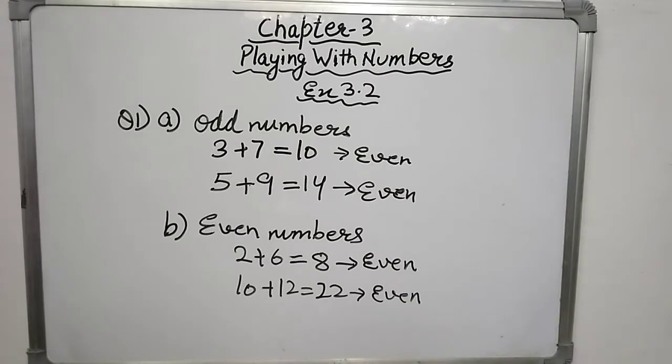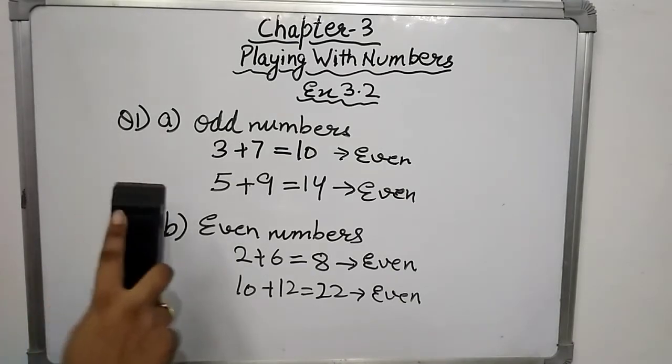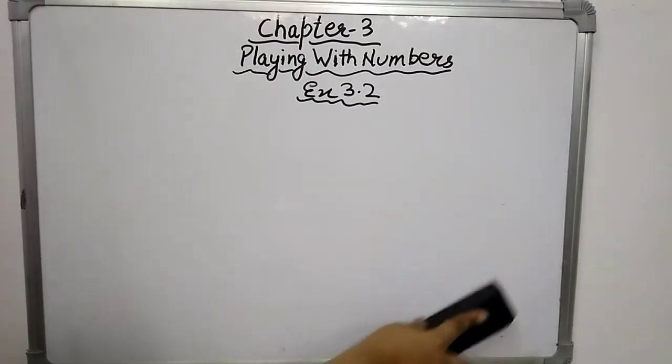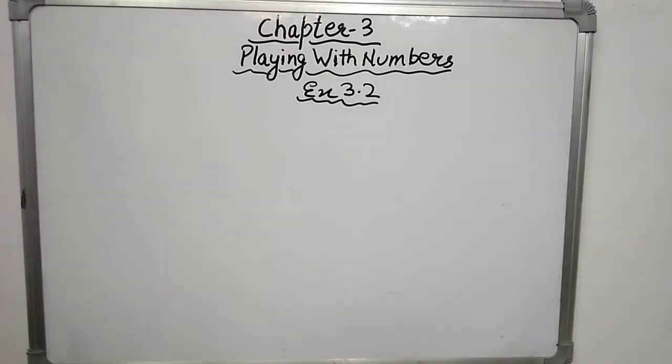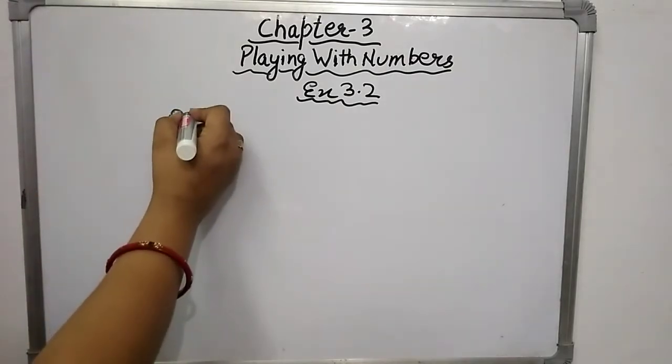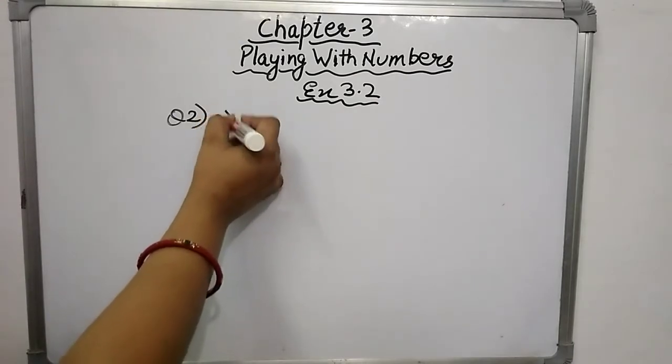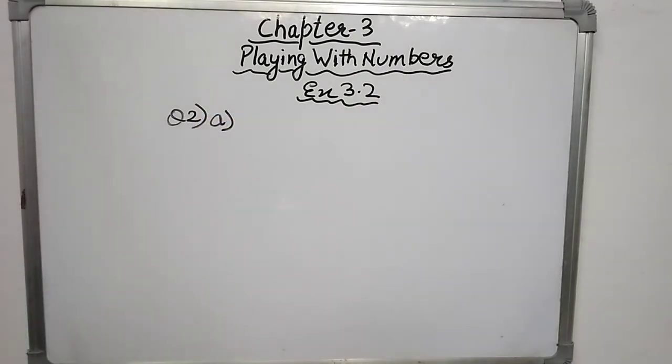Next, question number 2. State whether the following statements are true or false. A few statements are given in this question and we need to tell whether they are true or false. First statement is the sum of three odd numbers is even.